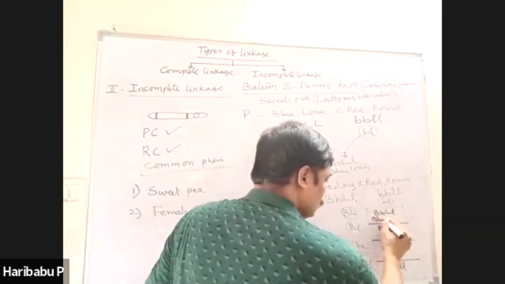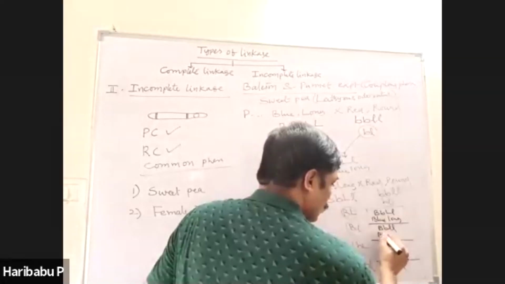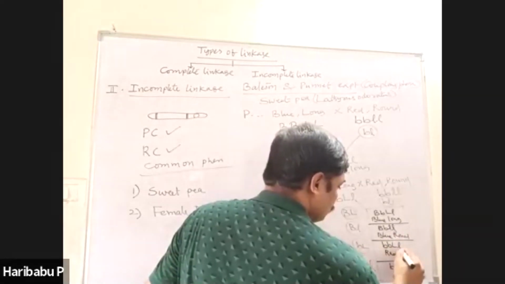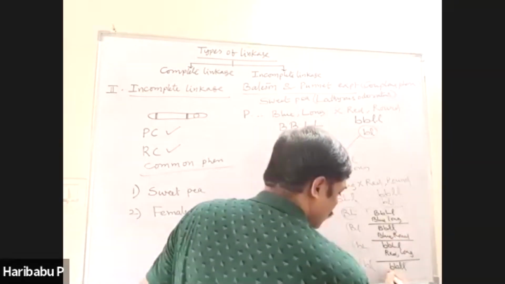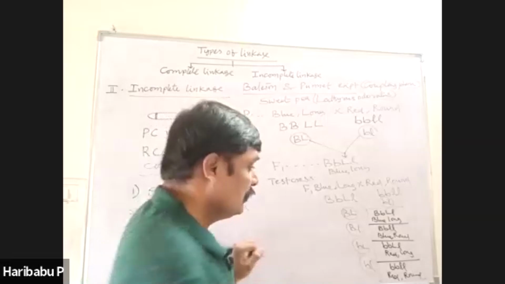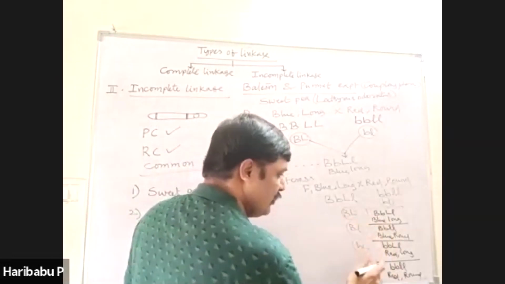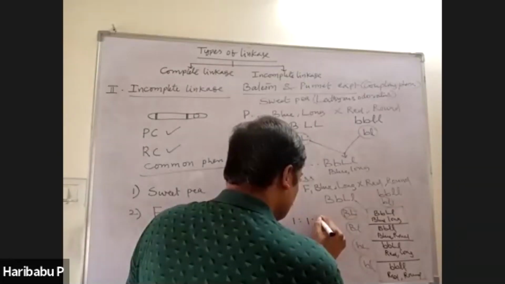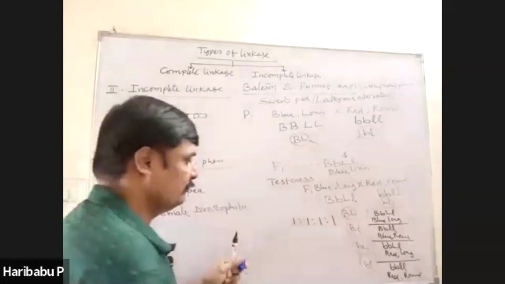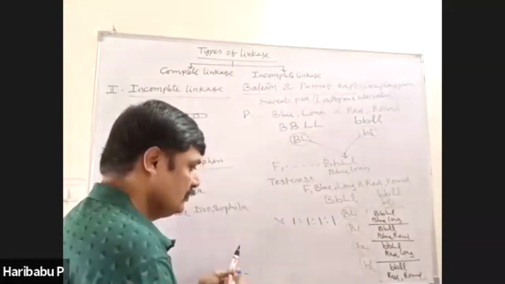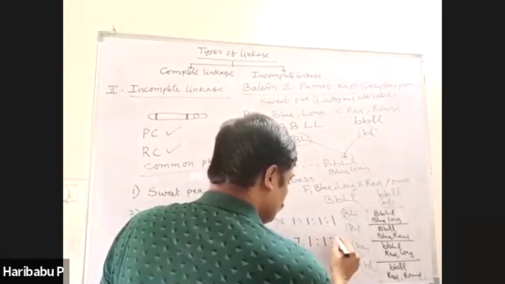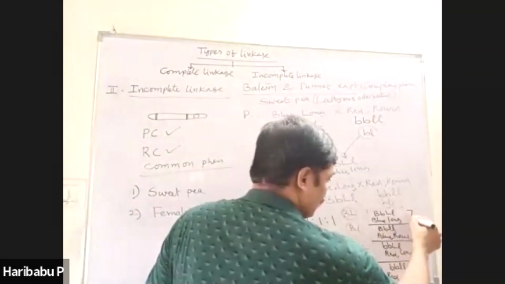Blue long, then blue round, red long, red round. So the actual ratio that we expected from this is 1:1:1:1. But it is not obtained. Instead, 7:1:1:7 is obtained.